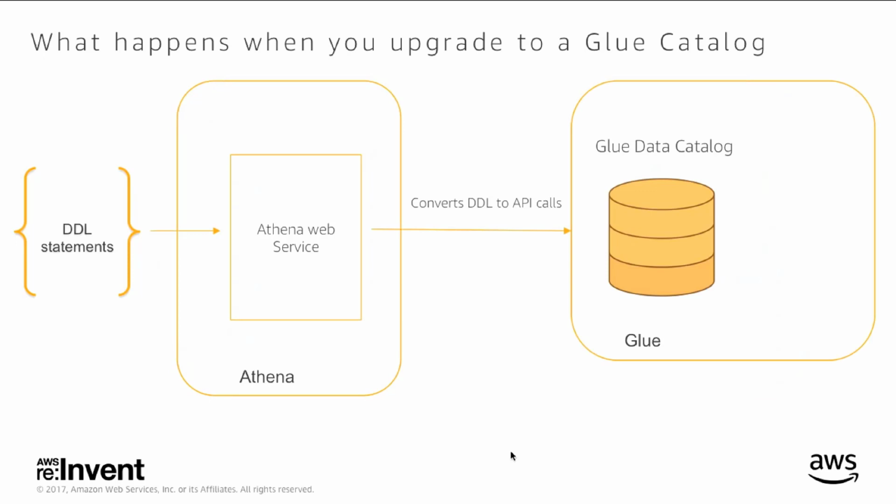But as Glue became available, we switched that model around and said, instead of calling the Athena specific data catalog, we're going to call the Glue data catalog. Now, this is only available in the regions that Glue is available. In the regions where Glue is not available, we're still using the Athena data catalog.